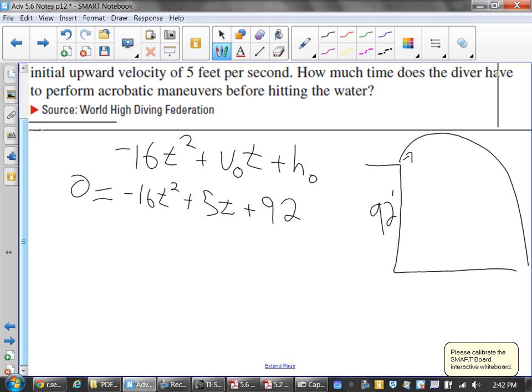So you're trying to figure out where height is going to equal 0. You're trying to find where that's going to cross. Because if you think about this, this parabola would come all the way back here. This is just your starting point. If you get negative time, that means you went underground and he's probably really, really dead.